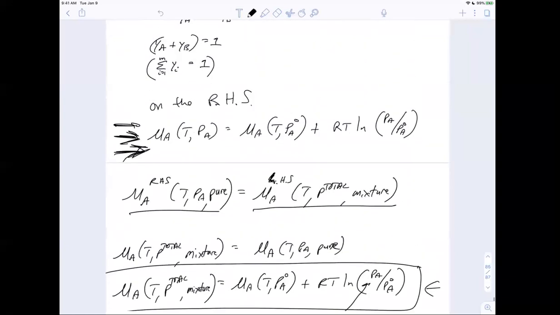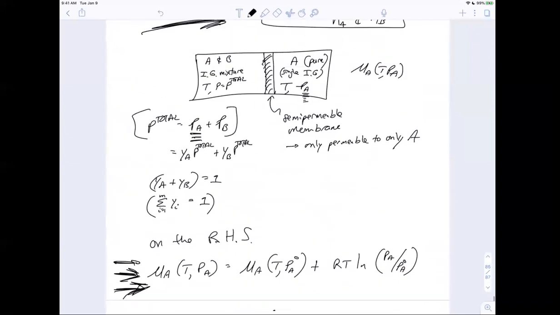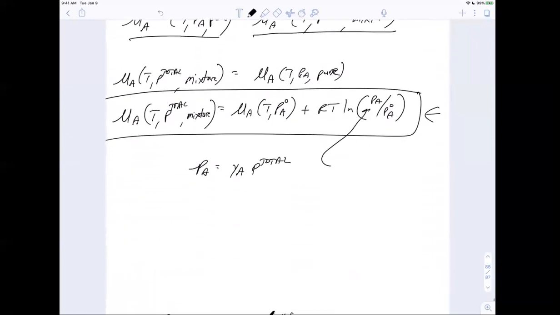Okay, that's this thing right here. So it's y_A times P total, because we know that the two P sub A's on the right and on the left are equal, and on the left, P sub A is equal to y sub A times P total. So we're going to use that result.